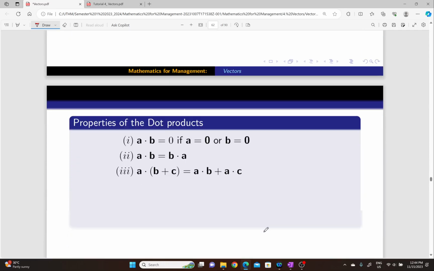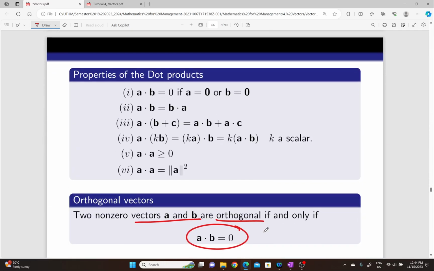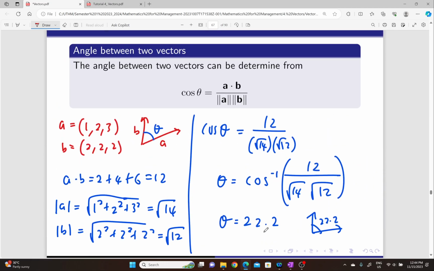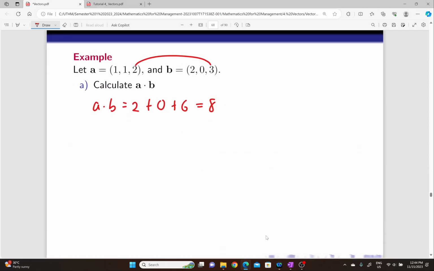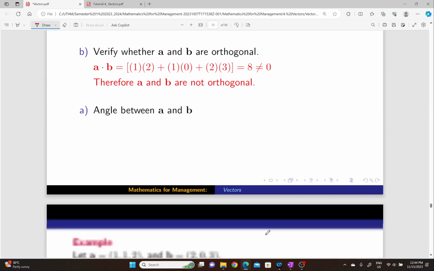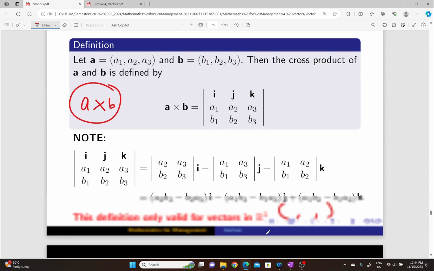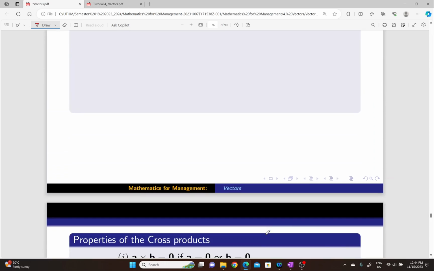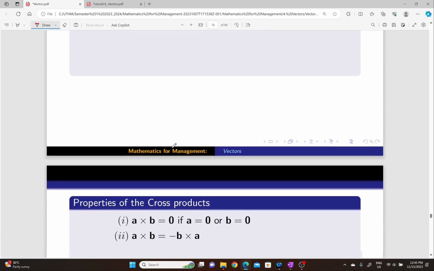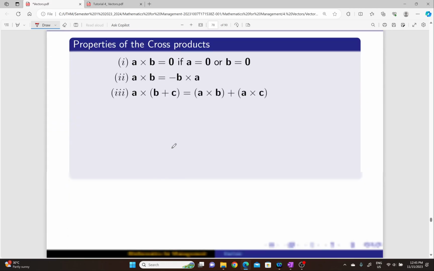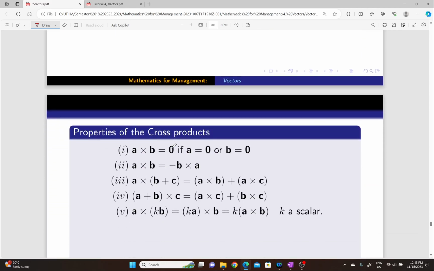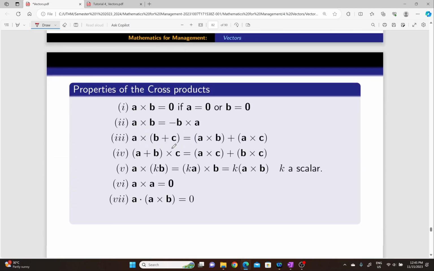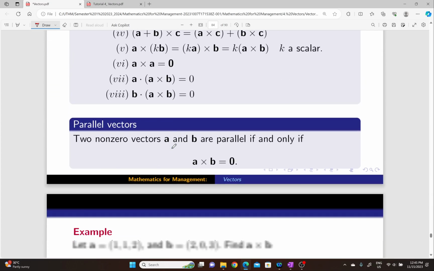And this one, the dot product, you get 12. It's not a vector. But when you do the cross product, which we're going to do now, it will give you a vector. What vector is that? I'll show you in a geometric manner in a while. Cross product also has some properties here. You can go through them or ignore them. I just want you to practice some of the exercises here. That is sufficient.